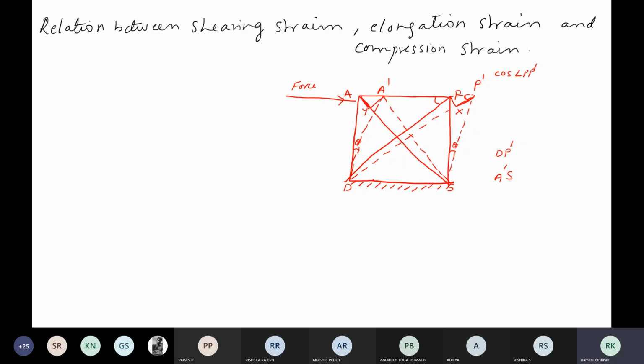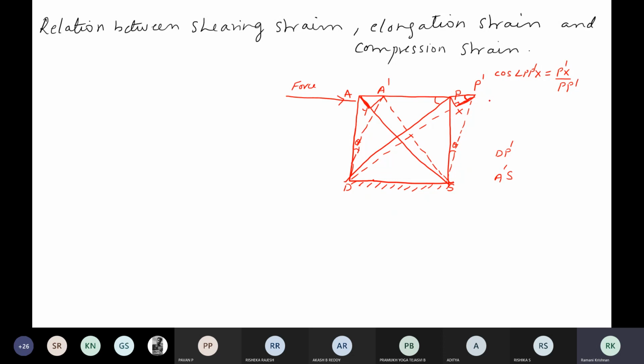Now cos of angle PP dash X, if this is the angle we are talking about, this is 90 degree, cos theta means adjacent side by hypotenuse. If it was sin theta, opposite side by hypotenuse. So cos of PP dash X is P dash X by PP dash. This is one thing.